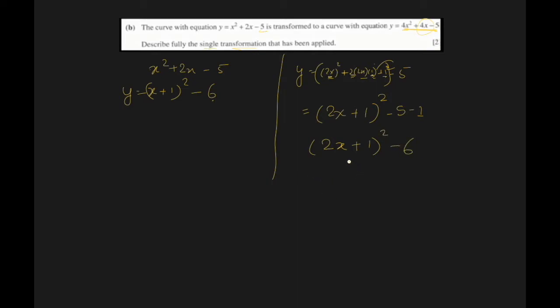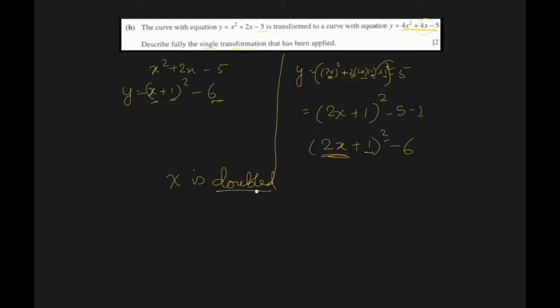Alright, so now compare these two. This is x plus 1, this is 2x plus 1. That means x has been doubled. Minus 6 is minus 6. Everything else matches. 1 is 1. So this is the only one transformation, that x has been doubled.